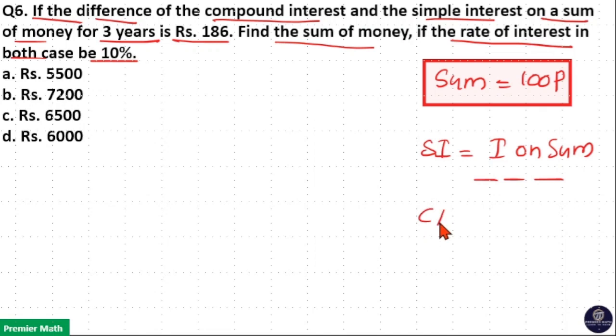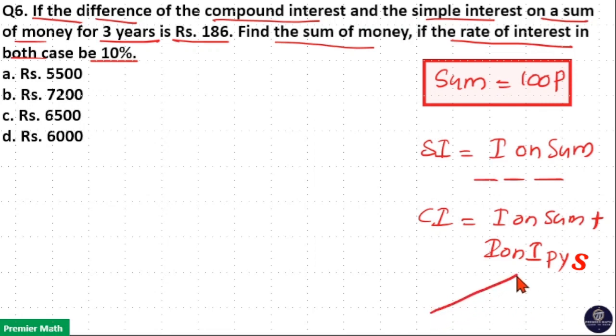Now, compound interest means interest on sum plus interest received on previous years. So this will vary every year. That means compound interest increases every year.